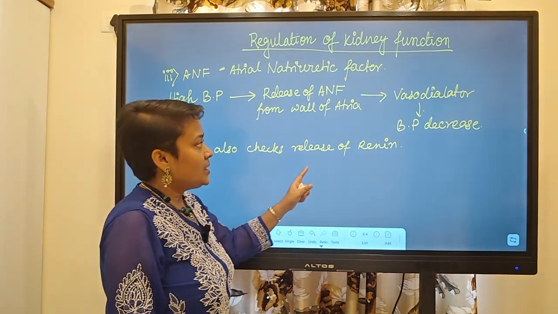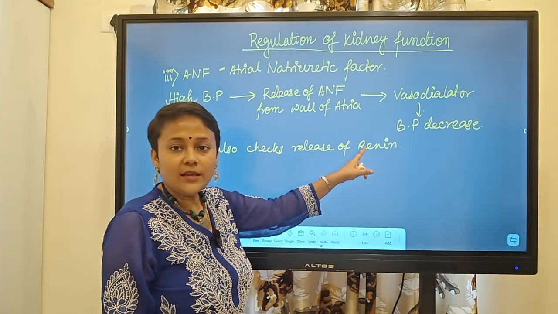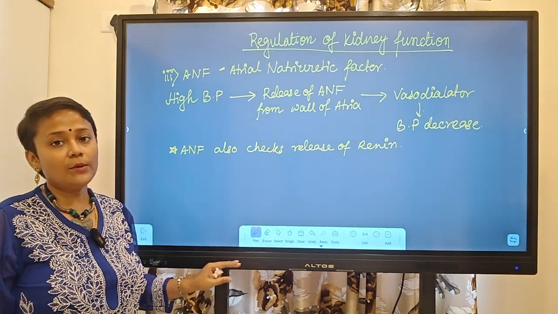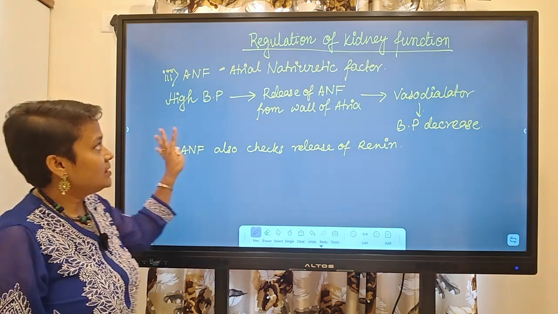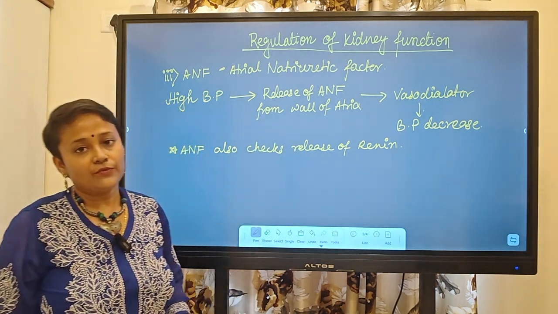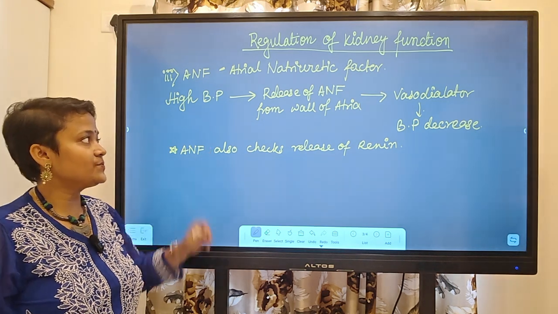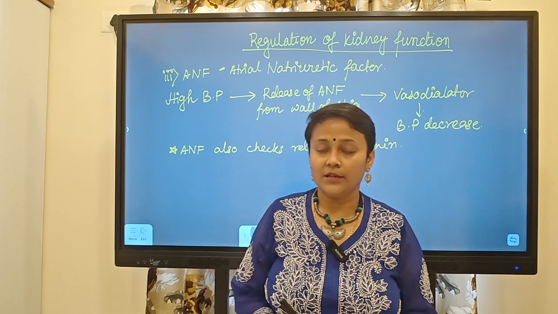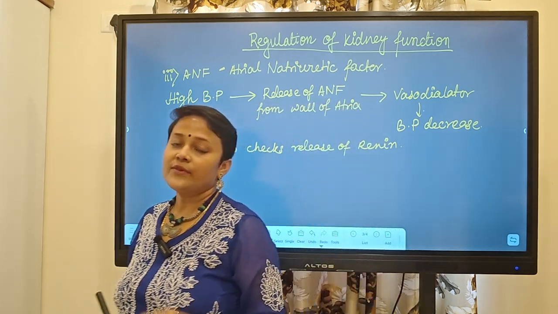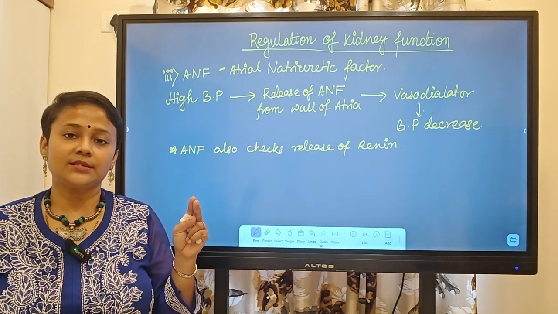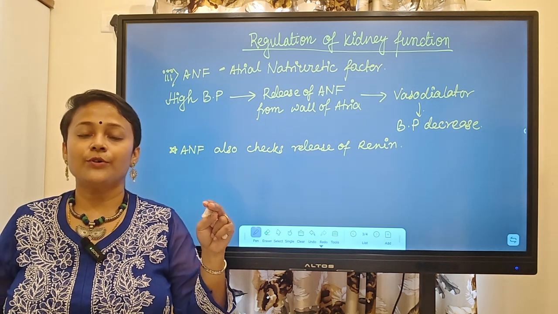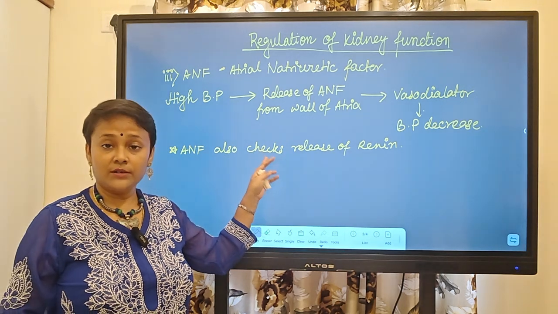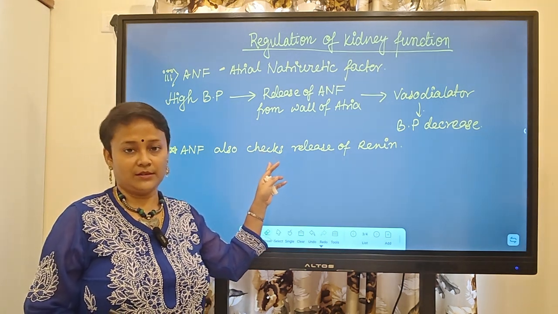So if there is stoppage of release of renin, that system will be stopped and there will be no increase of blood pressure. So here atrial natriuretic factor will work in this way. So remember that angiotensin 2 is a vasoconstrictor, ANF is a vasodilator. The first two regulations we have discussed are for the increase of blood pressure. But here it is for decrease of blood pressure, right?